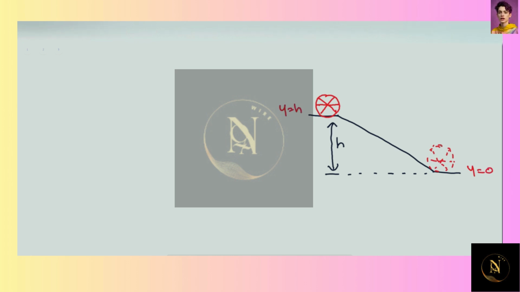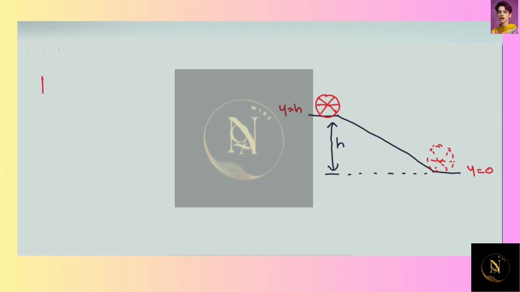So when the wheel is around here, all we have is the kinetic energy. But this kinetic energy will have two components, because the wheel is rolling, so it will have a rotational motion, and it is also moving down to the bottom, so there is a translational motion as well.